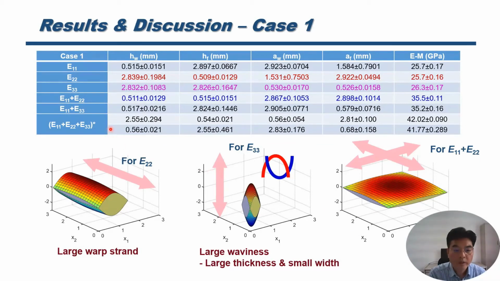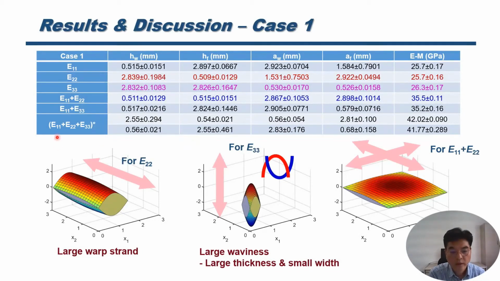One thing I have to mention is that if you consider E11 and E33, the structure is almost the same, quite similar to the E11 case, because E11 is dominant over E33.